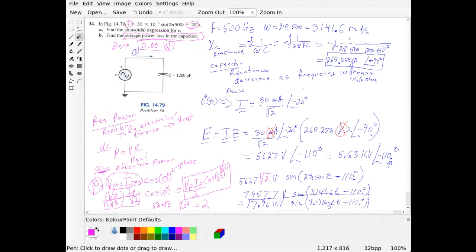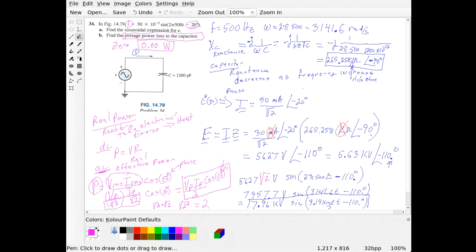During the other half of the cycle, the inductor takes it out of the magnetic field and puts it back in the circuit. So the average power lost within the circuit for inductors or capacitors is 0. They do not use energy.